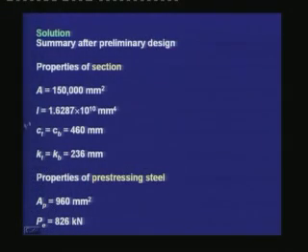For the section, A is equal to 150,000 millimeter square, I is equal to 1.6287 times 10 to the power 10 millimeter to the power 4, Ct equal to Cb equal to 460 millimeters, which is the distances of the extreme fibers from CGC, and the kern levels are at distance Kt equal to Kb equal to 236 millimeters. For the properties of prestressing steel, the estimated area of prestressing steel is equal to 960 millimeter square, and the effective prestress is equal to 826 kilonewtons.